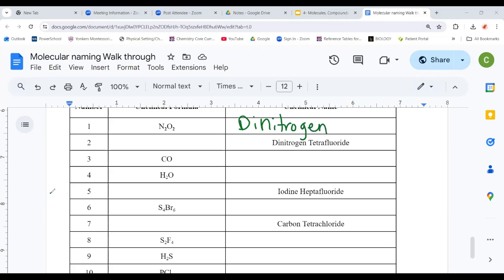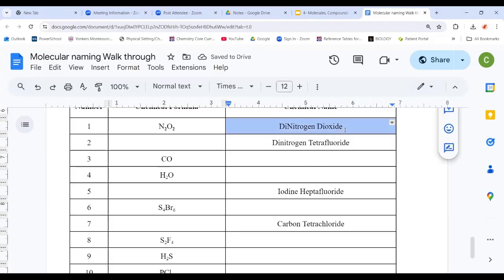All right, so N2O2, again, this is di for 2, nitrogen for nitrogen. You know what? I'm actually going to type this in because it's driving me crazy how messy this is. All right, so this is dinitrogen dioxide. I'll put them in a different color.